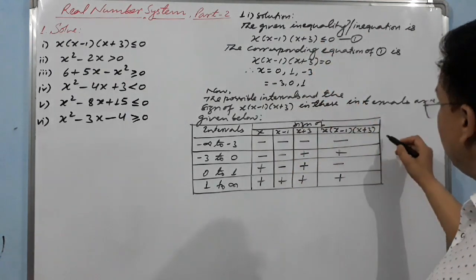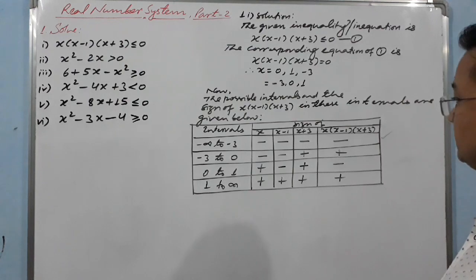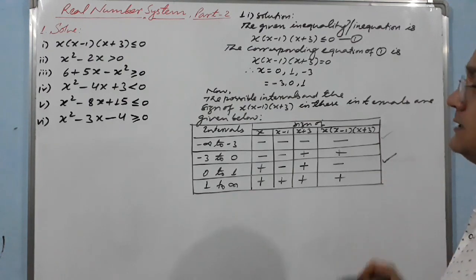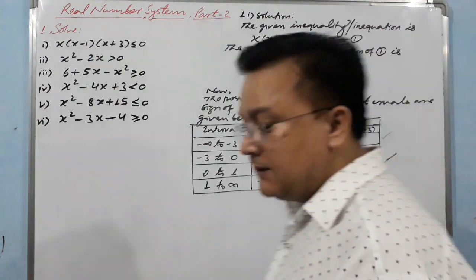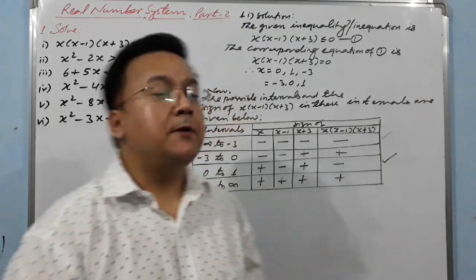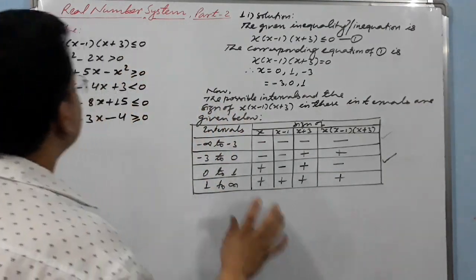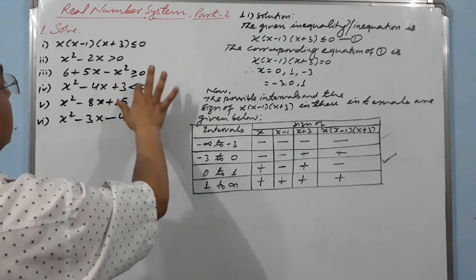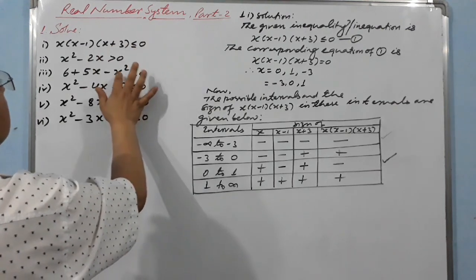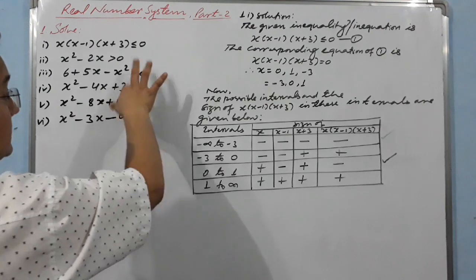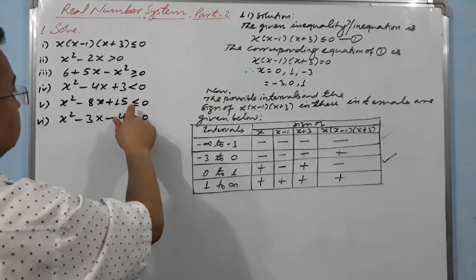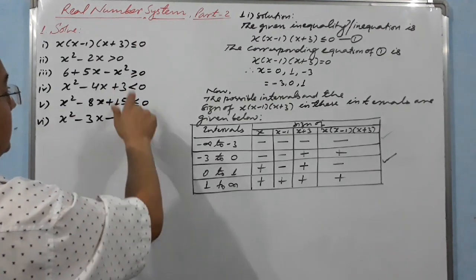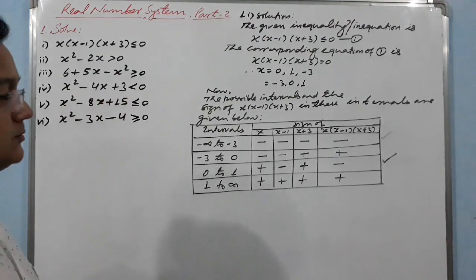So one is this one, another is this one. If you have a less than, then negative you have to choose. If you have a greater than, then positive.